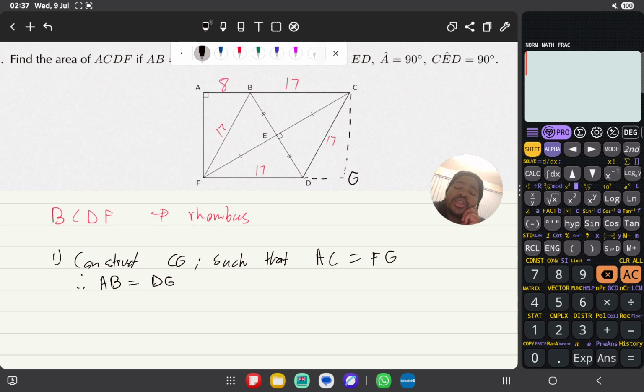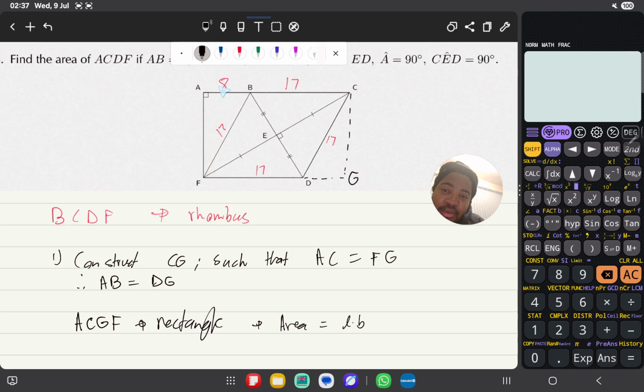So what we can actually do now, we have a rectangle, right? So ACGF is a rectangle, which we know the area of a rectangle is length times breadth, right?